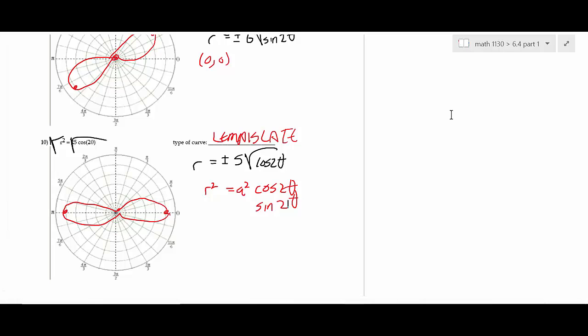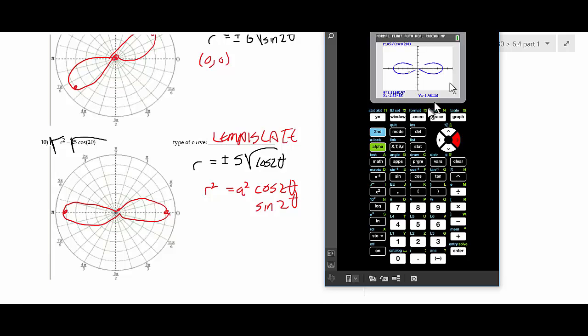Yes? Whenever I try to trace, it doesn't actually trace the object. Okay, you're not getting anything on that? Which calculator do you have? 83 plus. Okay, that's a little older calculator. So you're just typing trace. Did you put a number in like 0? Just type trace and then put a number in like 0 to start with, and see if a cursor comes up.